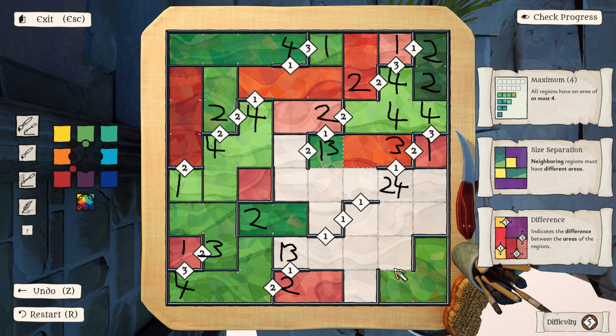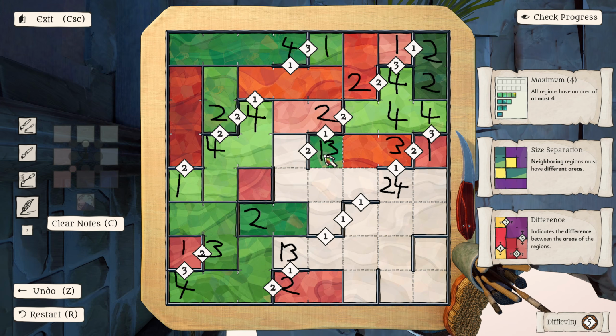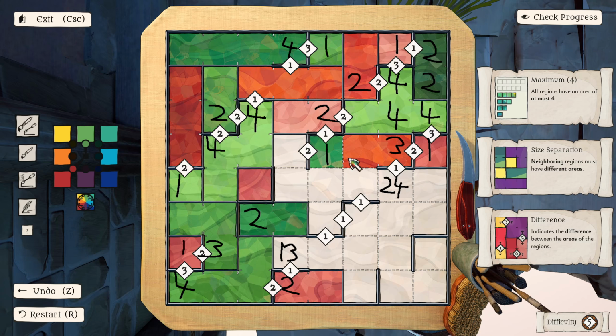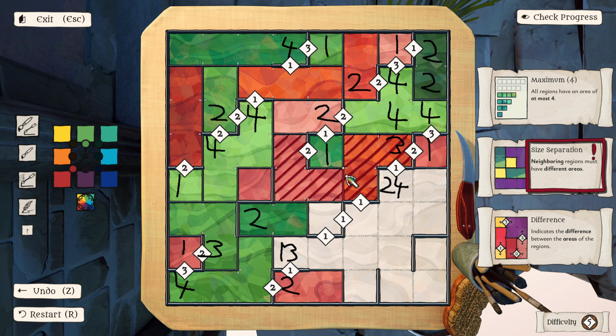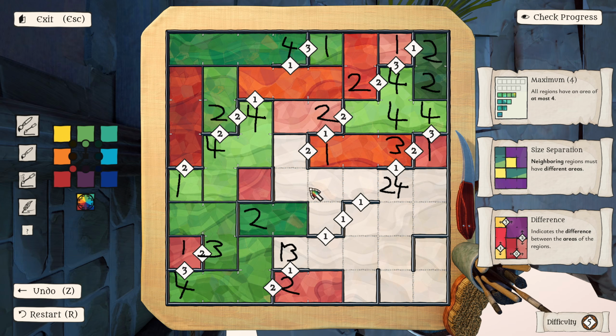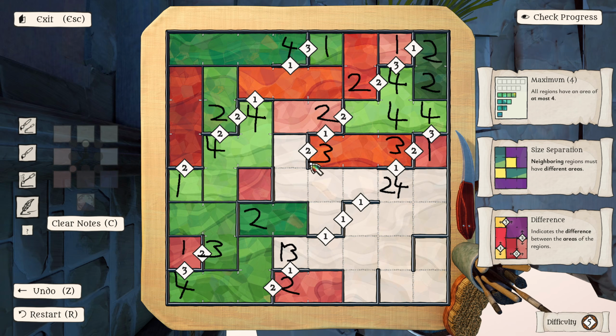This is a 1, 2, or a 3 because it can't be a 4 going around that bit of wall. Doesn't really help. If this is a 1, 1 plus 2 is 3, then that 3 would have to come out to here, and we can't have 2 of those. So that does go there. That's a 3. 3 minus 2 is 1.